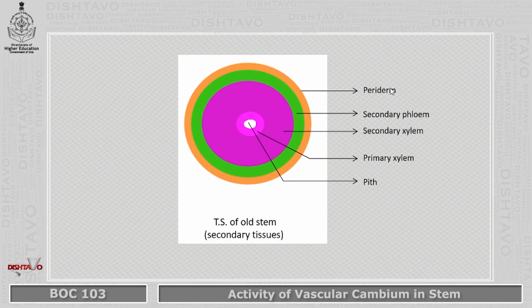This periderm along with secondary phloem constitutes the bark of the stem. Secondary phloem is followed by secondary xylem, and towards the inner side you will find traces of primary xylem and a few cells of pith which are parenchymatous in nature.